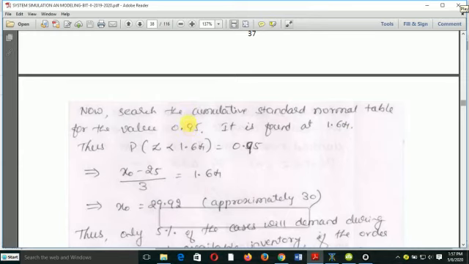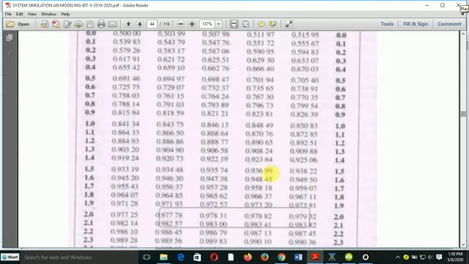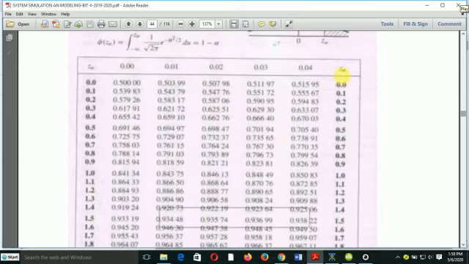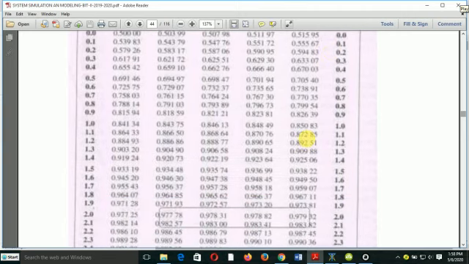Let's check how to find it. We are looking for 0.95 here. We have 0.9452, 0.9463, 0.9473, 0.9484, and 0.9495.